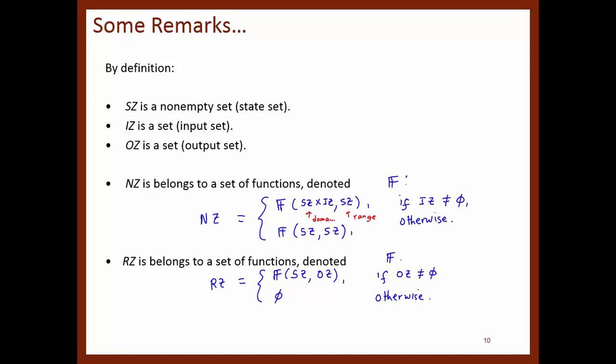The readout function belongs to a set of functions denoted by the empty set and the function which has the domain, which is the state set, and the range is going to be the output set. So if you are getting some information, if your output is not empty, then you're going to look at this function. Otherwise, this transition is going to be empty.